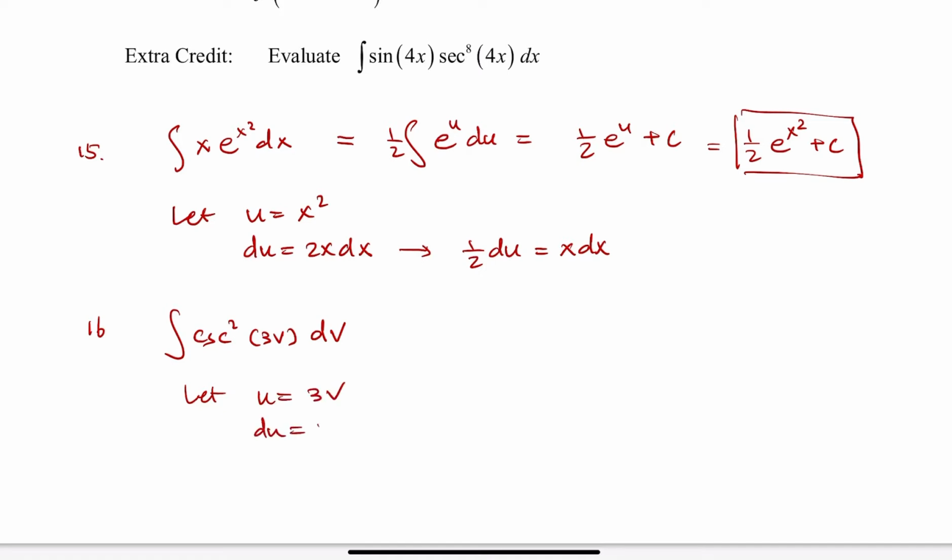So du equals 3 dv. That becomes 1/3 du equals dv. So that equation changes to the integral of cosecant squared u, instead of dv, 1/3 du. So 1/3 you can take out, du.